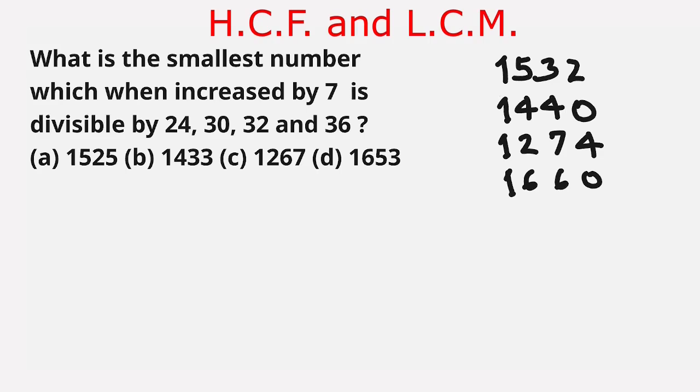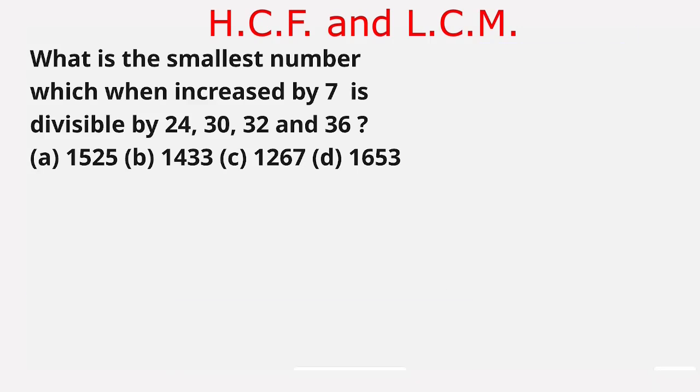Now we solve it by regular method. I will erase these numbers. Now we will find the LCM by shortcut method. We will choose the largest number, which is 36. 36 is 4 multiplied by 9.